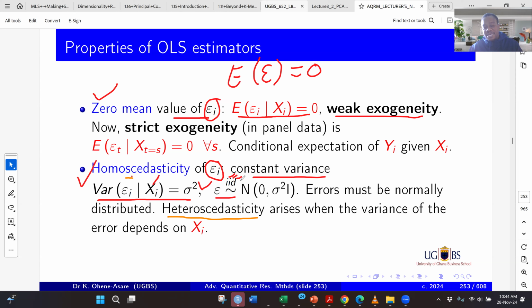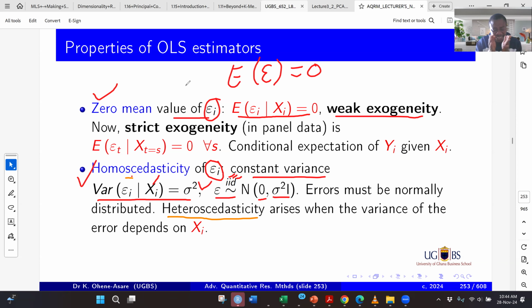Or rather, they're independently and identically normally distributed, with a 0 mean and a constant variance. The errors must be normally distributed, and they must have a constant variance. What do we mean when we talk about constant variance?